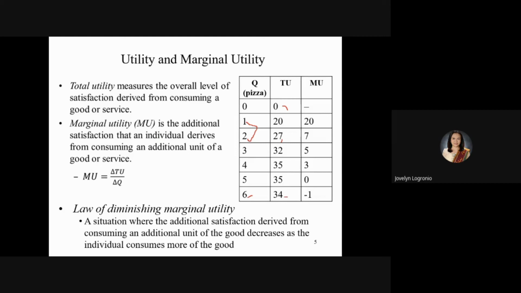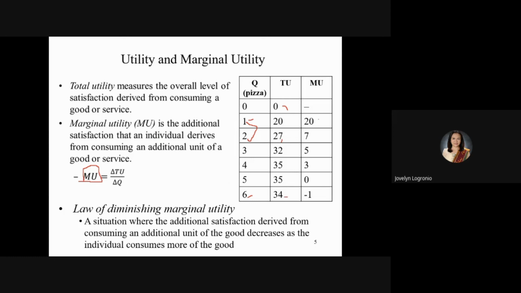Sa first slice of pizza, may nakuha tayong MU na 20. Paano nakuha si 20? We have here the formula for marginal utility. So, marginal utility is equal to the change in TU over the change in Q.